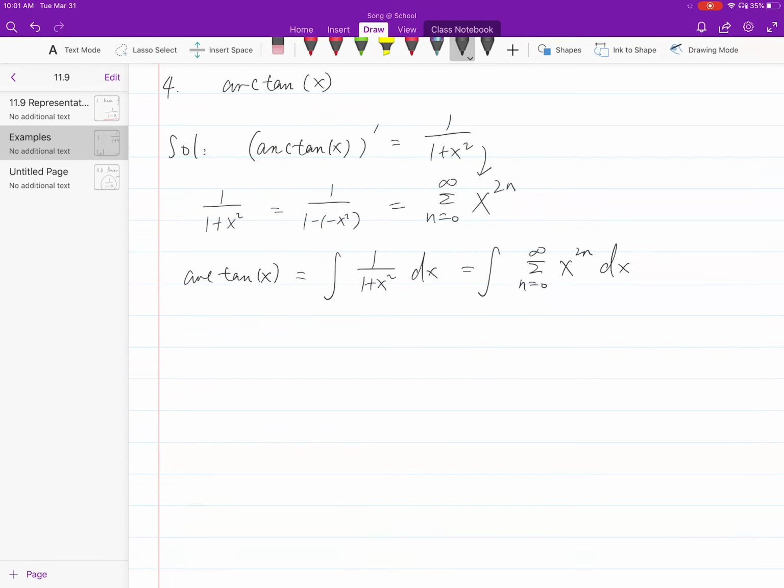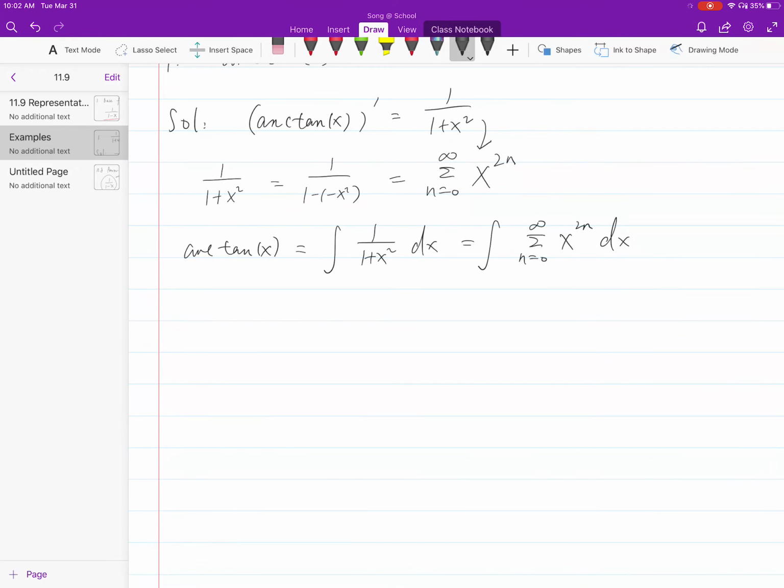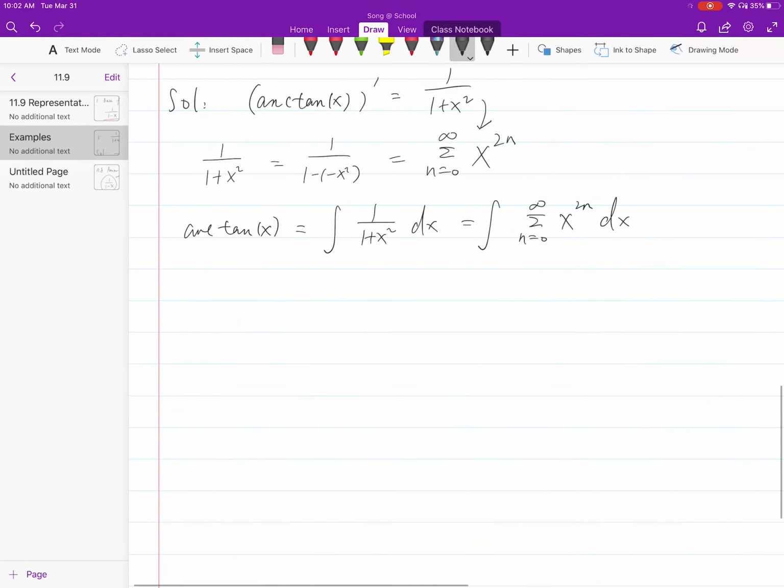Okay, so we just need to take the antiderivative of this, and then we're all set. Good so far? Okay. Now, if you take the integral of a power series, is this still a power series? Let's take a look. Let's see how do we take the integral of this thing. This thing is basically 1 plus x squared plus x to the 4th plus x to the 6th, dot, dot, dot, right?